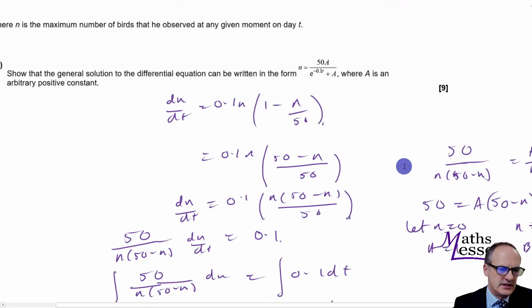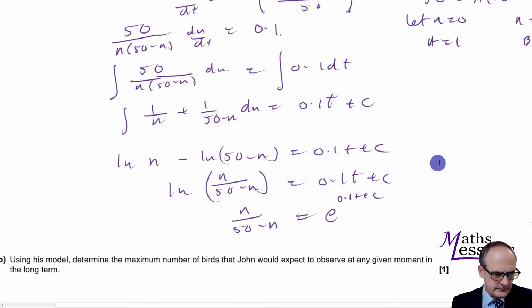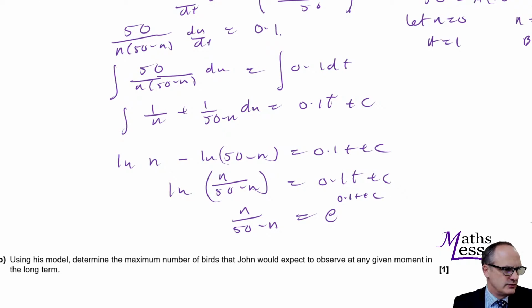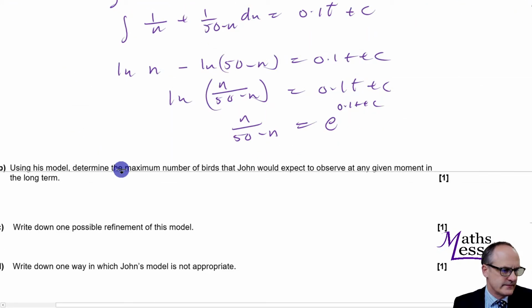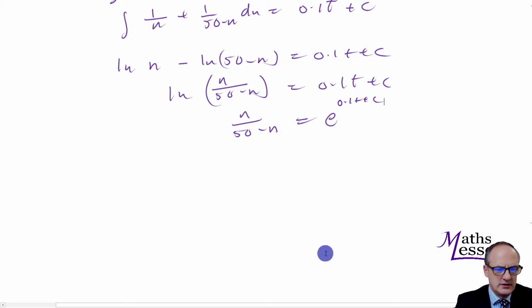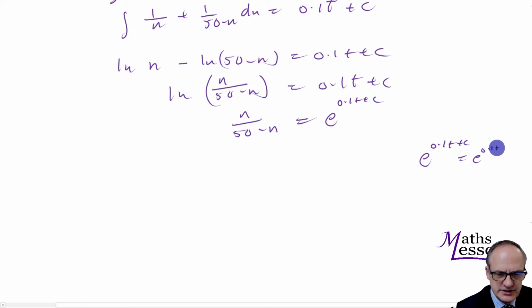Now notice they've got a times 50 going on here. Now, my instinct, whenever I do one of these questions, is to take this plus c and turn it into an a times e. Well, how do I do that? Well, e to the 0.1t plus c is equal to e to the 0.1t times by e to the c.